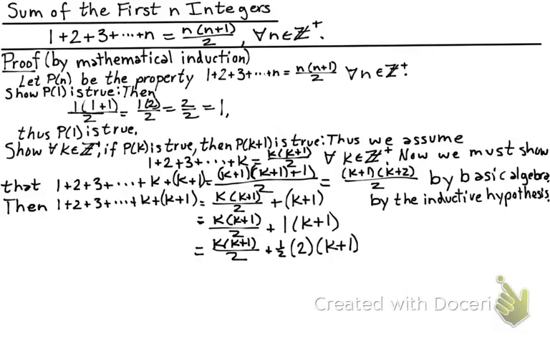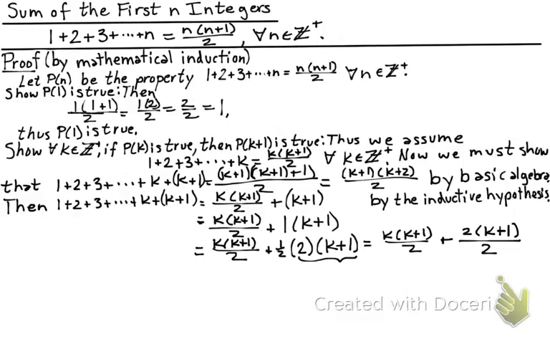And then I'm going to join my 2 times the k plus 1 together, and I have my 1/2, and I can bring them all together into one fraction. So this is k times k plus 1 over 2, then I have plus, this is all over 2, 2 times k plus 1.